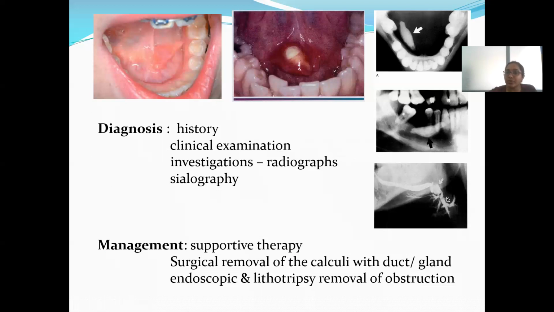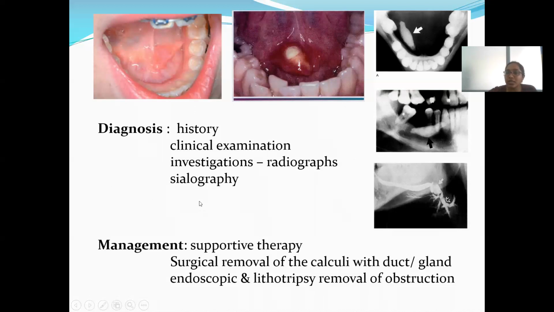Even in an OPG or IOPA, it can be seen to some extent, but there can be many superimposed structures, so you cannot say clearly. So it's advisable, whenever there is a submandibular duct calculus, to take an occlusal radiograph and confirm it.